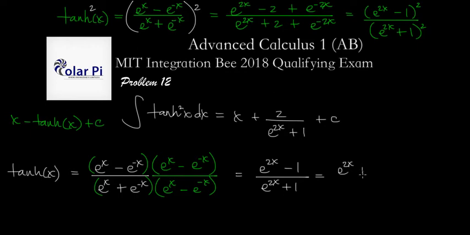So we've got plus 1 and then minus 2, right? We did that. This is just a rewriting of that. And then this is in turn divided by e to the 2x plus 1, where now it's clear that this equals 1 minus 2 over e to the 2x plus 1.